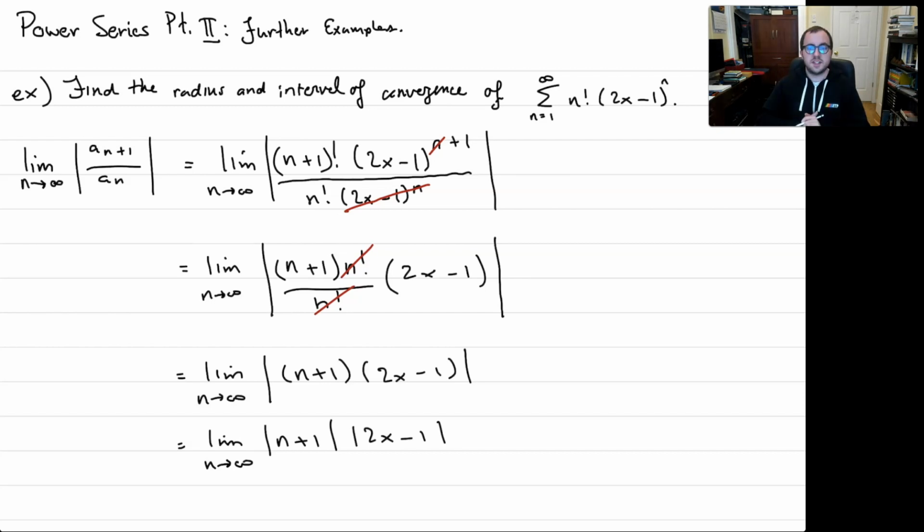Wonderful. So this is what the limit of absolute ratio simplifies to, the limit of (n plus 1) times the absolute value of 2x minus 1. Notice that the limit is only going to apply to the part with the n, and the x is in some sense fixed for whatever value of x I want this to be.